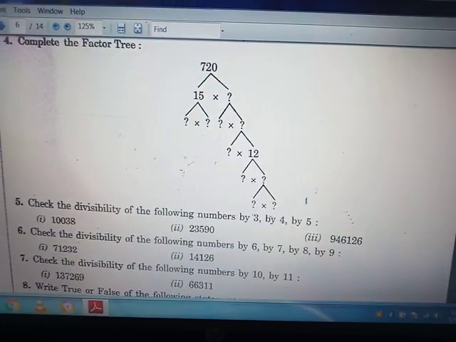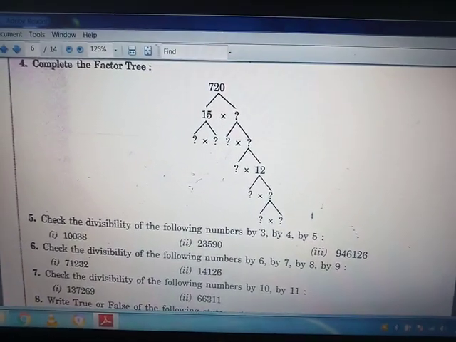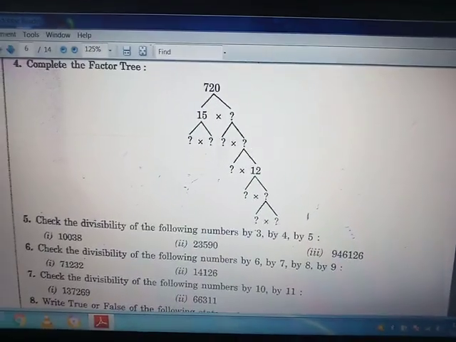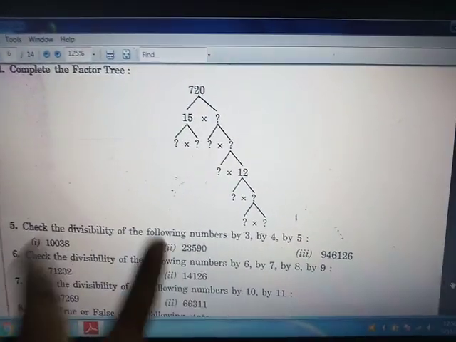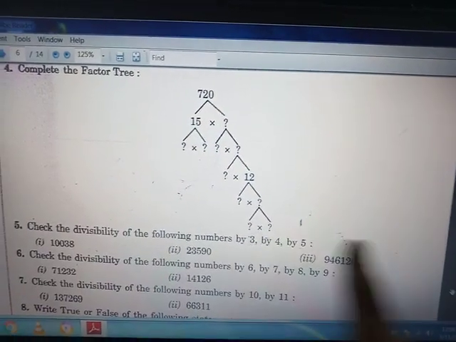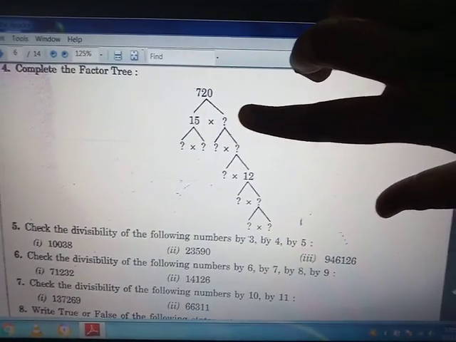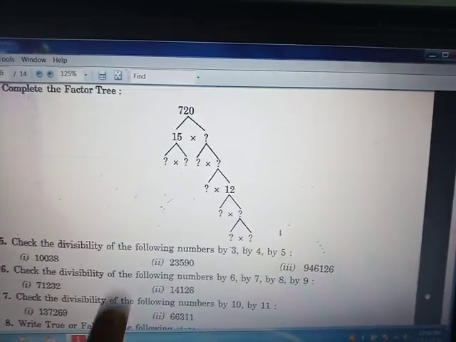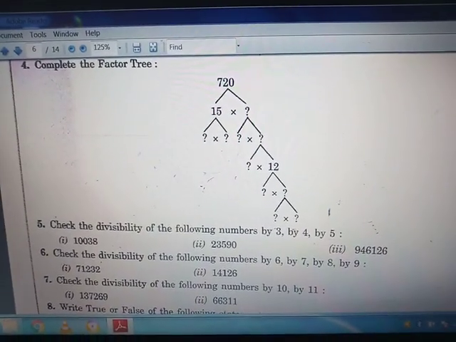Now question number 4, this was your assignment work, but let's see it now. It is 720 and one factor is given here, 15, so you will divide 720 by 15. The resultant value will be the answer at the question mark. The factors of 15 are 3 and 5.